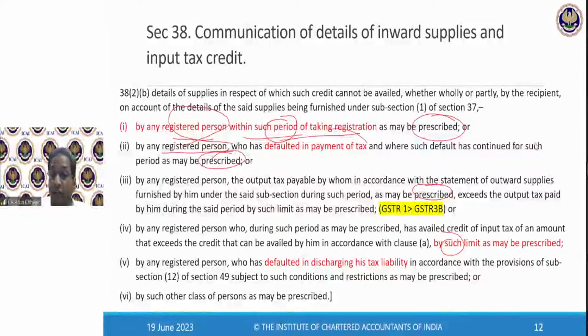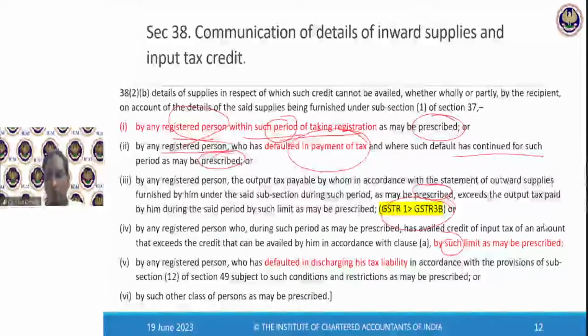Any supplier who has defaulted in payment of tax for such period which is being continued, then ITC would not be available to the recipient. If the supplier's GSTR1 is more than 3B, that is, 3B is lesser, then again his recipient cannot take the ITC. Further, they are saying default in discharging the liability. So as of now, this is only a theoretical condition.